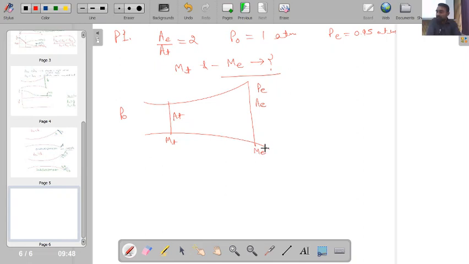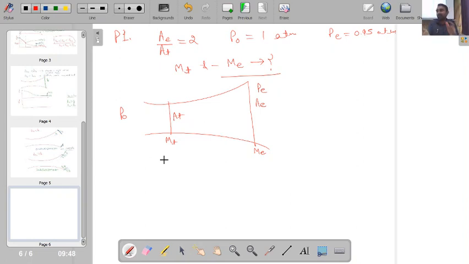So how to proceed for the solution of this? Can you tell me? We have to first identify whether we will be having an isentropic subsonic-supersonic situation, or a completely isentropic subsonic situation, or an isentropic subsonic, isentropic supersonic, and a normal shock wave.